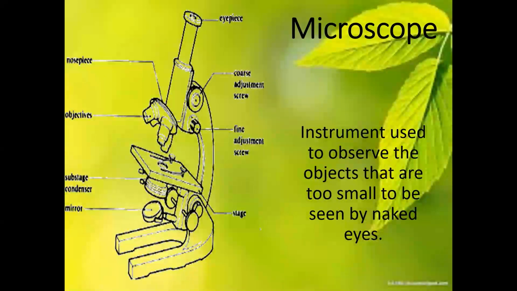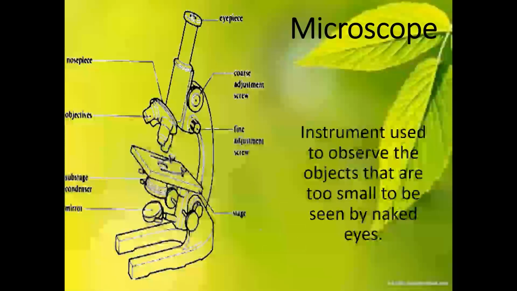Then beside that there is a screw called the fine adjustment screw which helps in adjusting the objectives while focusing the object placed on the stage. Above that, the coarse adjustment screw is there which helps in adjusting the object over the stage. Then we have the nose piece, then we have the eyepiece at the top.